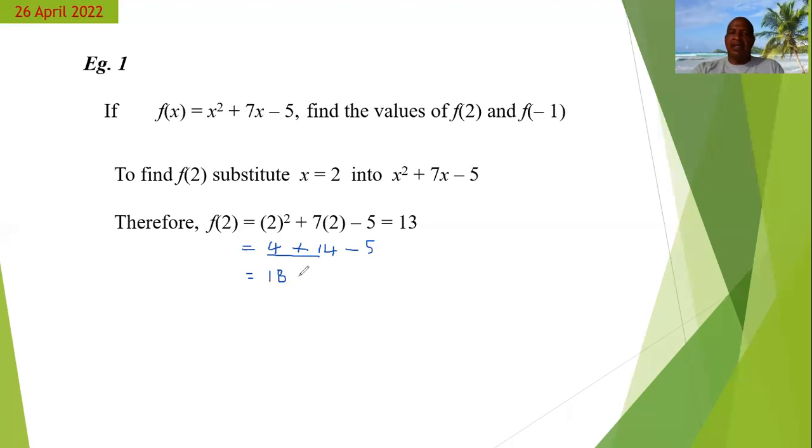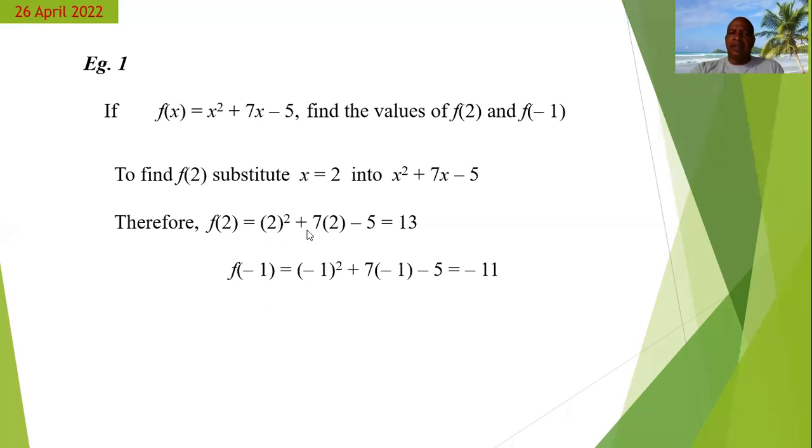Then we can subtract our negative value, which is negative 5, and we will get the result to be 13. So now we can say f of 2 is equal to 13. All right. So that's how we work out these values, guys.